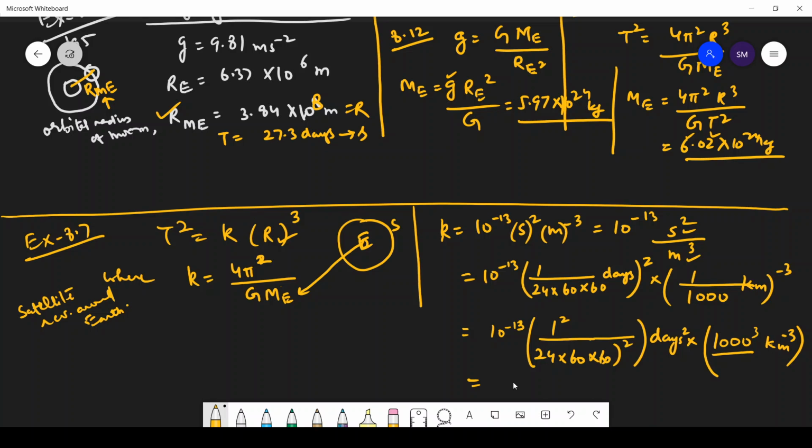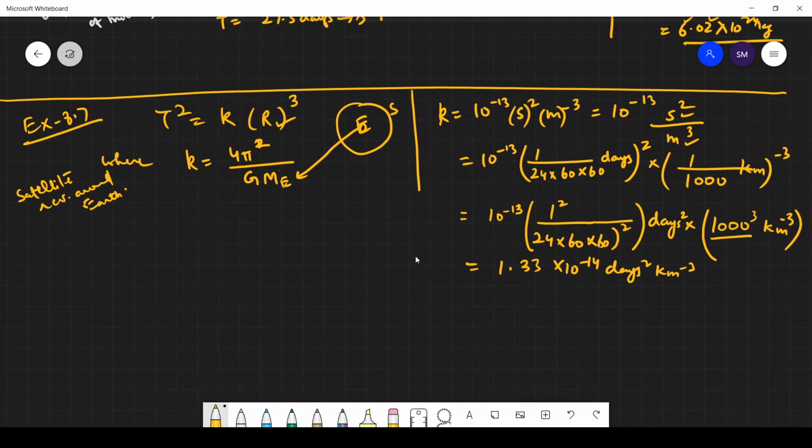Okay, and when you solve this, you will find that this is equal to 1.33 into 10 to the power minus 14 days square and kilometer minus 3. Okay, students, so that's how we change the units.